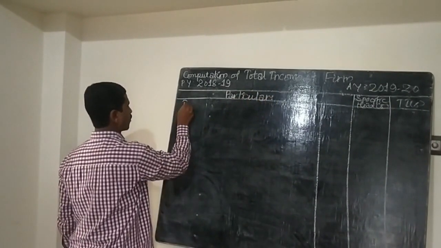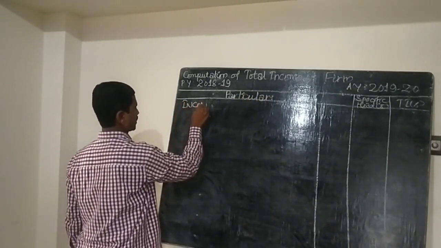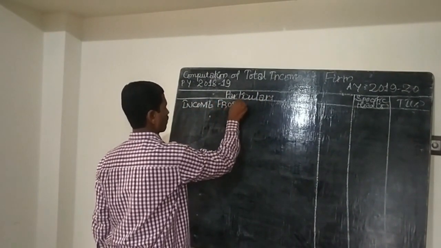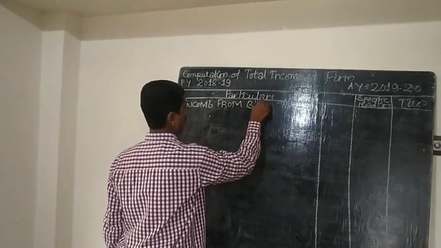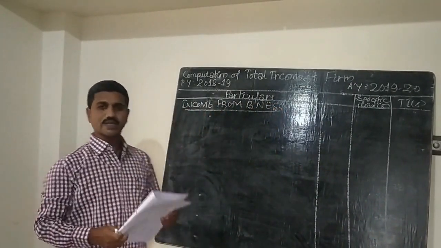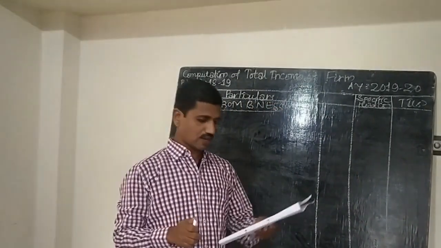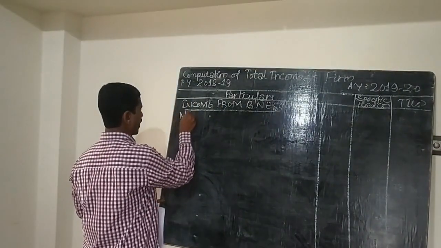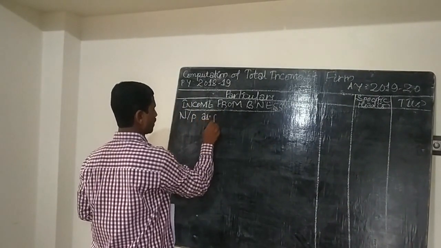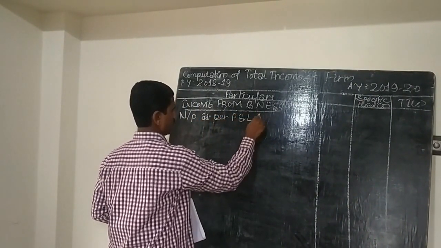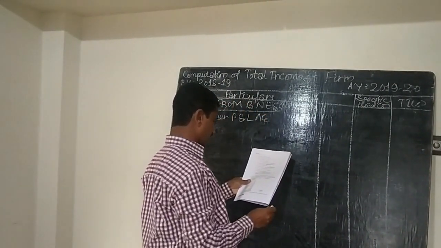Income from business we shall compute now. We should take the net profit as the base figure here. The net profit as per P&L account is given as 16,000.